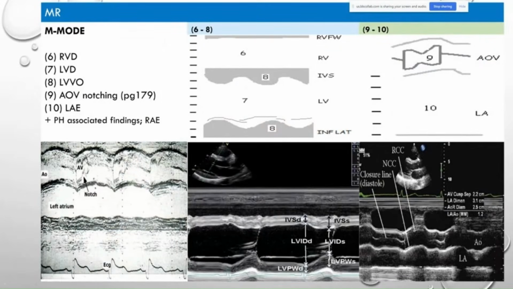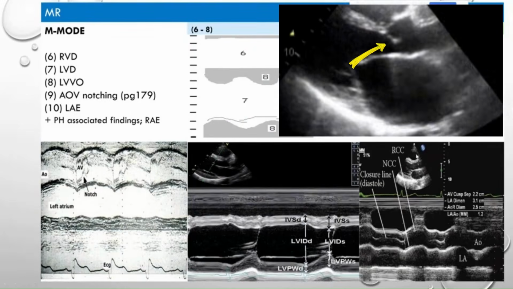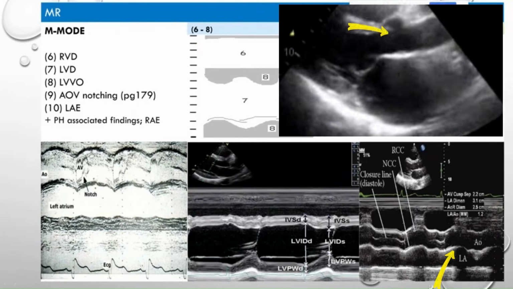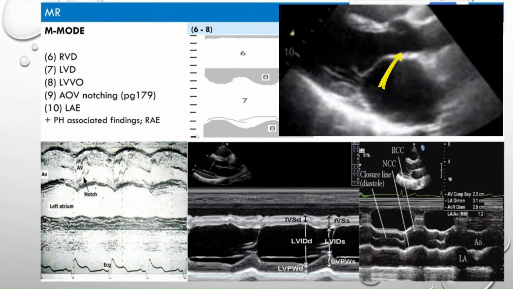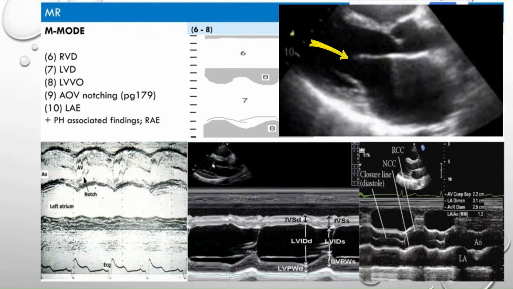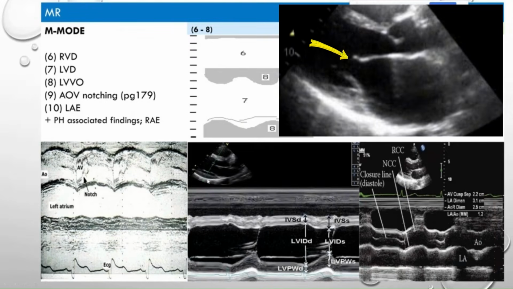So this is, if you run in PLAX, if you run the M mode over here on the aortic valve, this is what the aortic valve looks like when it's closed, and this is when it's open. This is your right coronary cusp and your non-coronary cusp. Now, when you move this over to where you're looking at the ventricle, just past where you have the tips of the mitral valve, that's what it's going to look like.